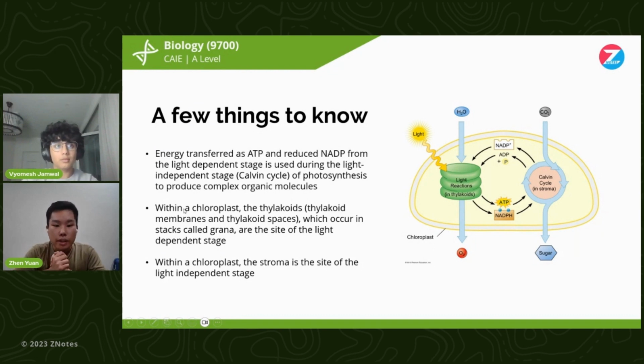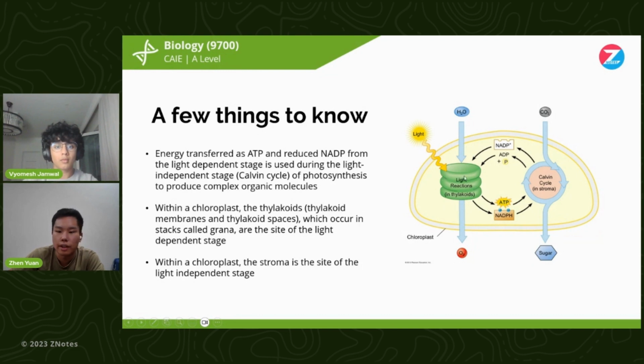Anyway, within the chloroplast, the thylakoid membranes and thylakoid spaces, which occur in stacks called grana, are the site of the light-dependent stage. As you can see here, your light reactions occur in thylakoids. This is a simple image of how your thylakoids actually look.